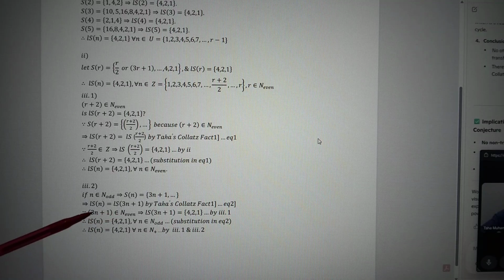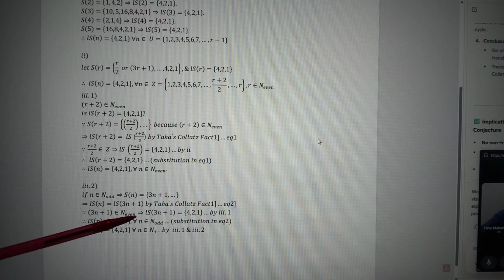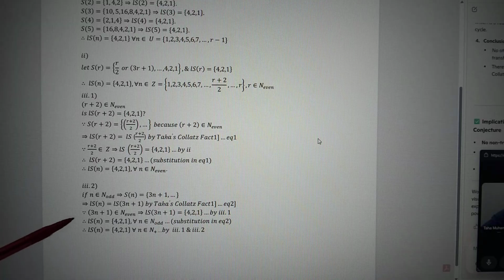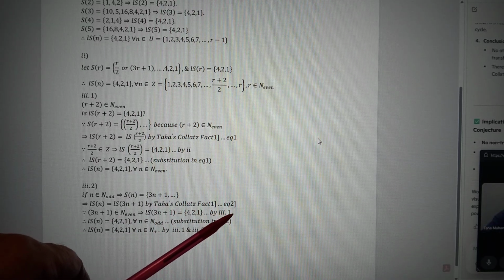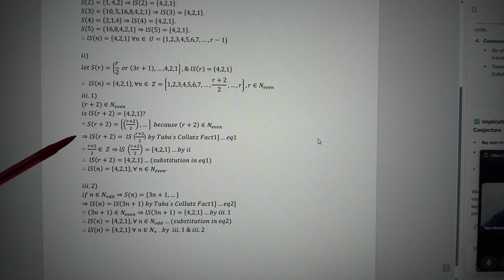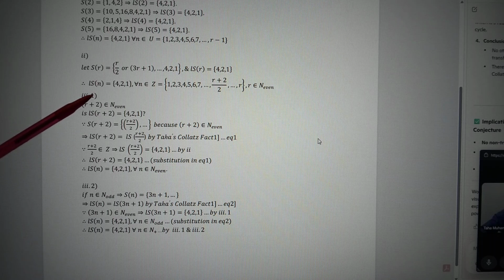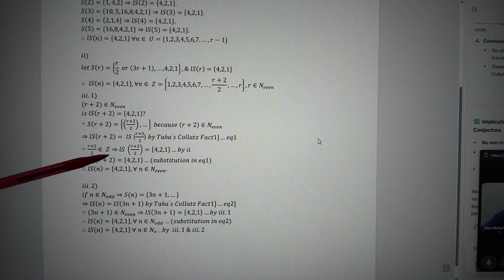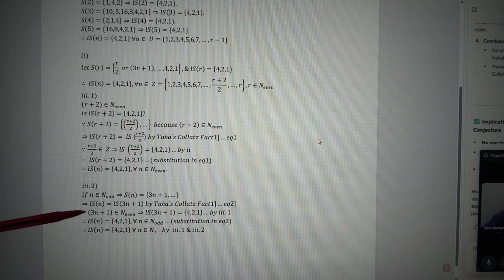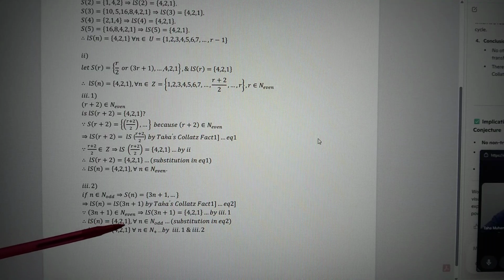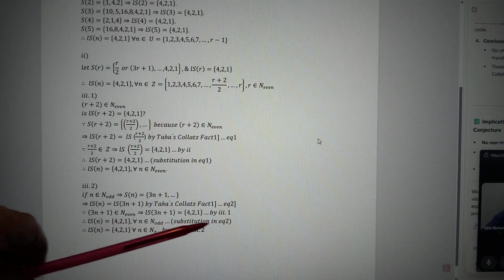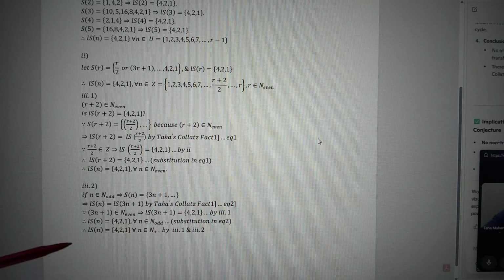Because this is even, any even, I told you, is 4 to 1. But that even is equal to the loop of n, the odd. That means odd is also equal to 4 to 1 for all n odd, by substitution in equation 2.